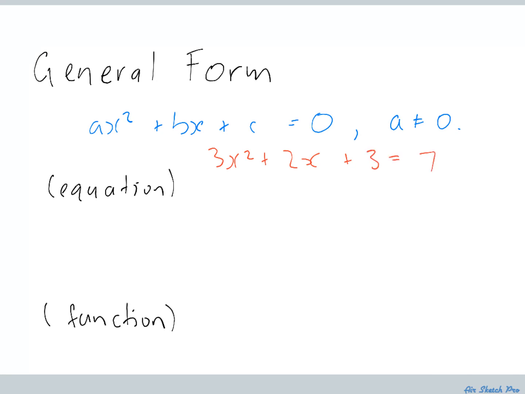It's still a quadratic because I can take 7 away from here to get 0 and take 7 away from here to get negative 4, and then it's in the general form of a quadratic. So a quadratic equation is one that either looks like it or can be changed until it looks like ax squared plus bx plus c.